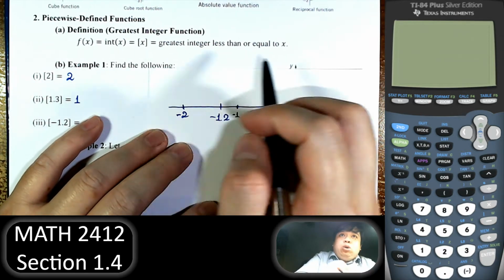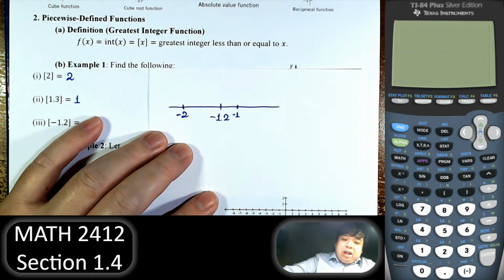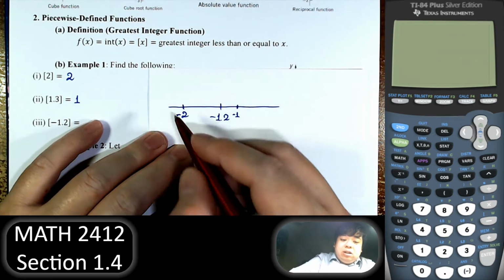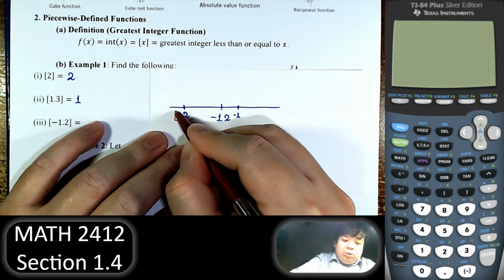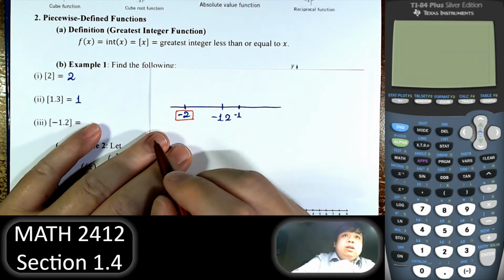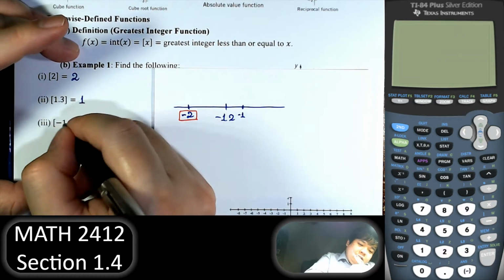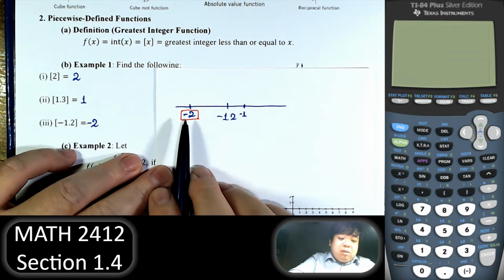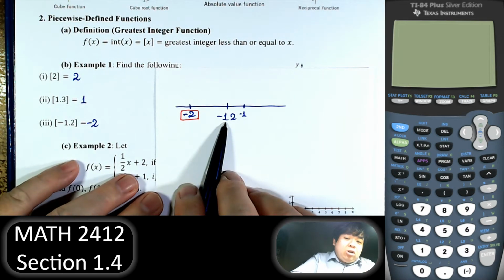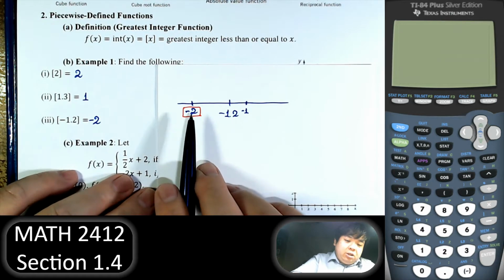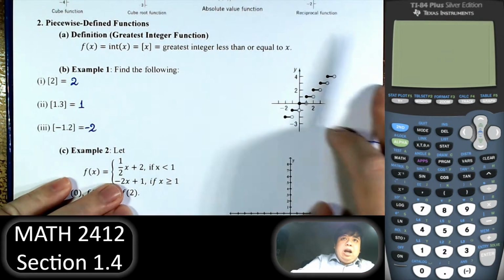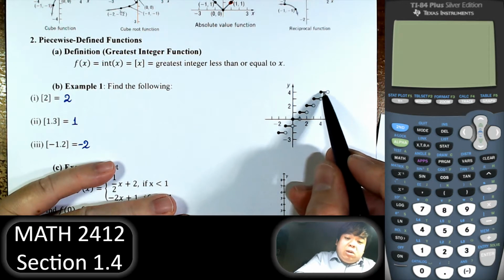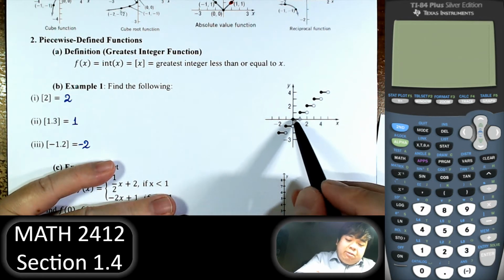According to the definition, we take the greatest integer less than that number, so that's going to be negative 2, because it is less than negative 1.2 and the greatest of all those integers. So it's negative 2.